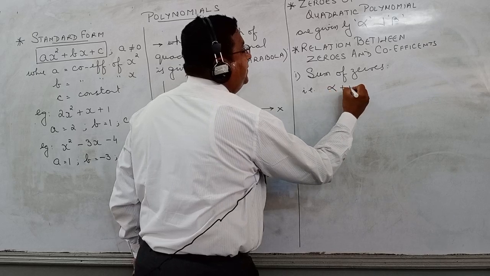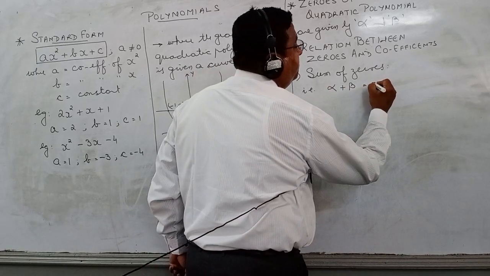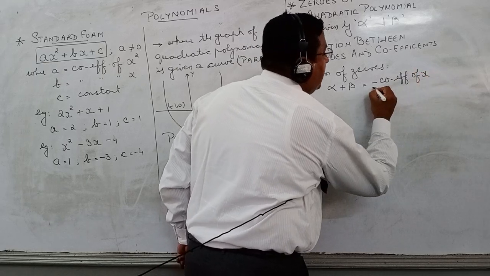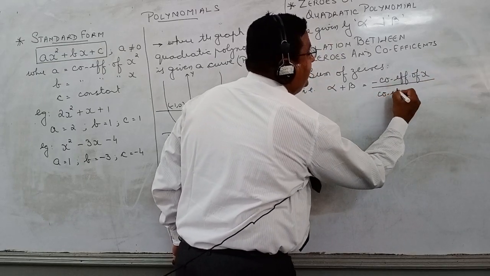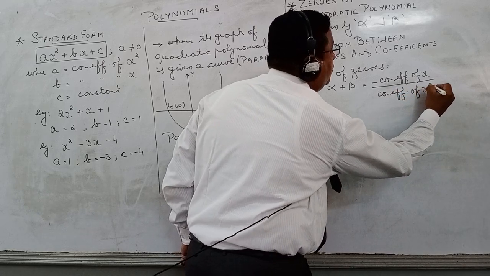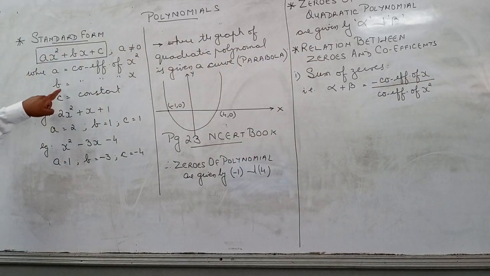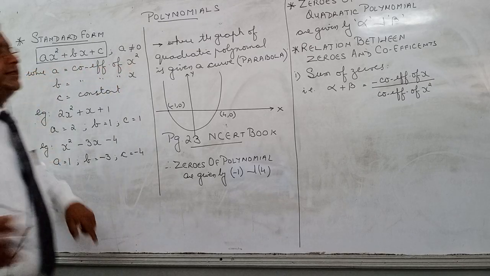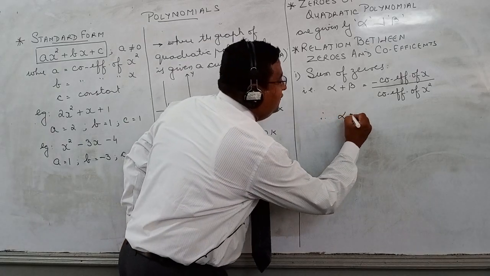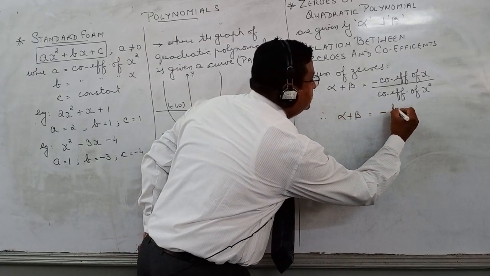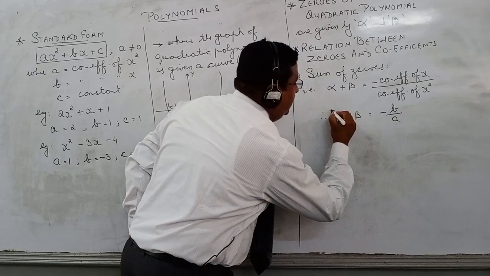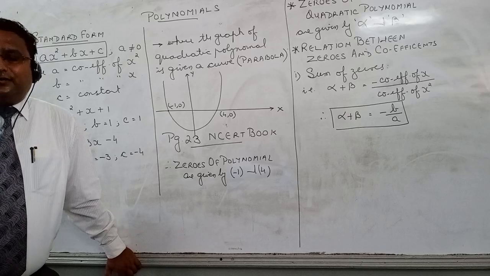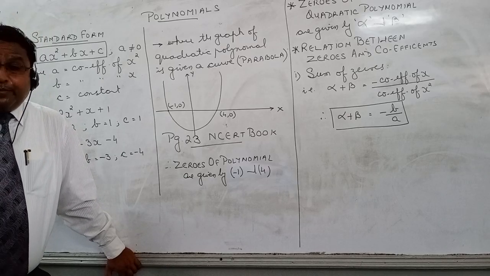That is alpha plus beta is equals to minus coefficient of x upon coefficient of x square. So what is the coefficient of x? B, and coefficient of x square? A. So that means we can say that alpha plus beta, that is the sum of the zeros, is minus b upon a. First relation we have to remember.